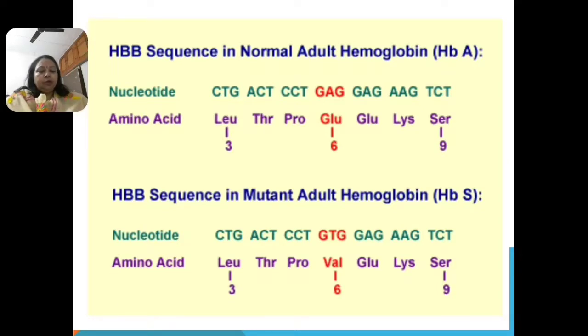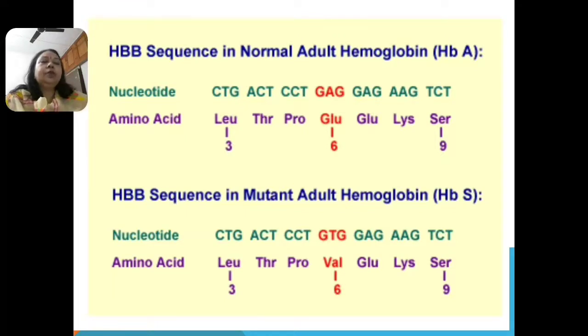When HbS is formed, the single gene which forms glutamic acid is converted into valine. Nucleotides CTG, ACT, CCT, GAG.